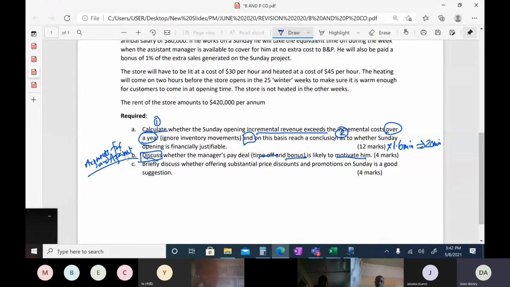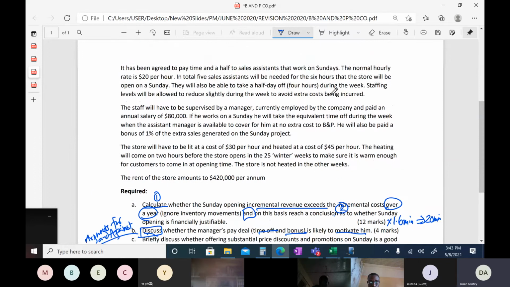And then discuss whether offering substantial price discounts and promotions on Sundays is a good suggestion. So yes, that gives us the 20 marks there for all of that.